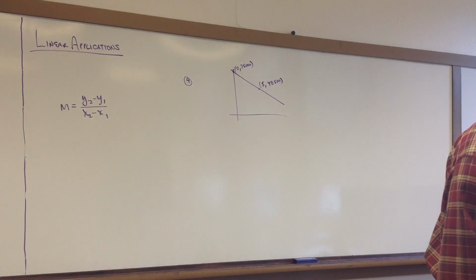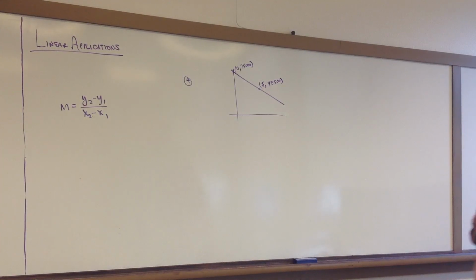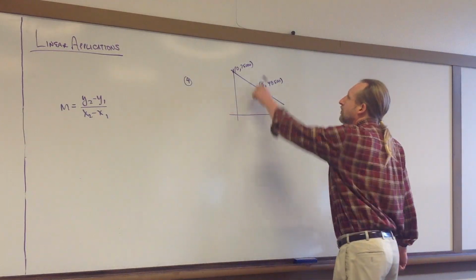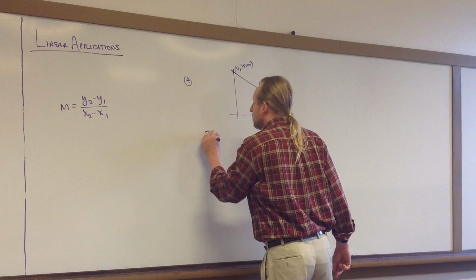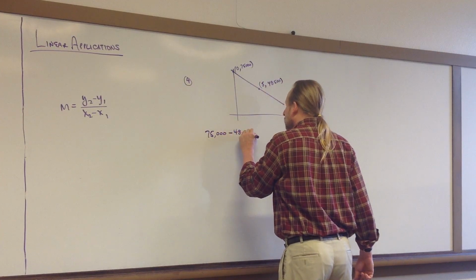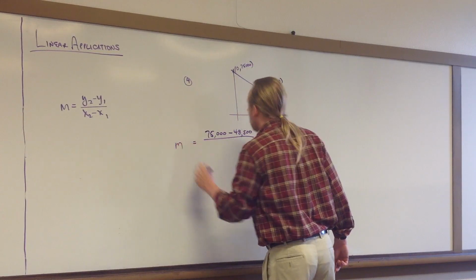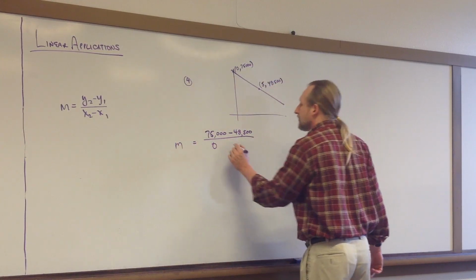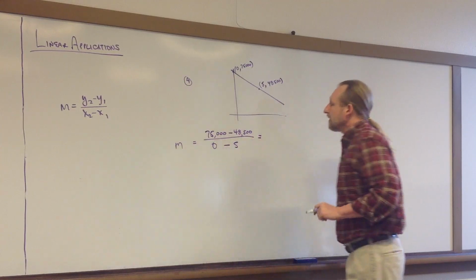So again, all we need to do here is to first off find the slope. So we're going to do 75,000 minus 48,500. And then since I started with the 75,000, I have to start with the 0 minus 5.